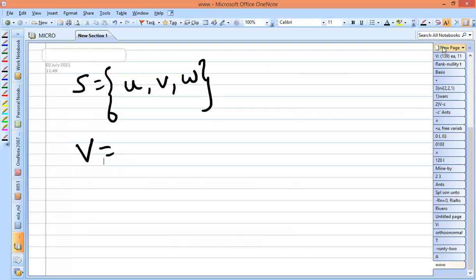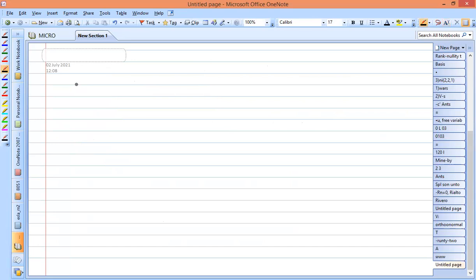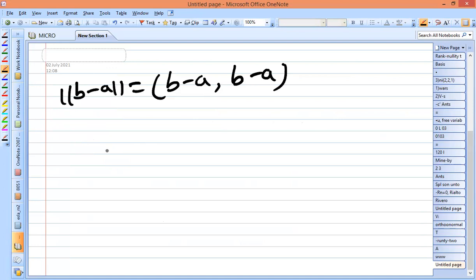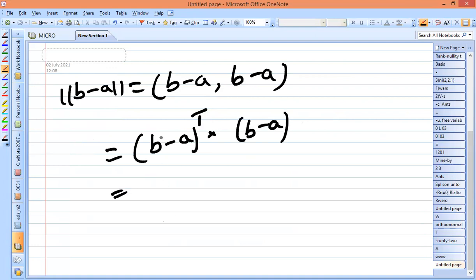So here we have B minus A whole square, which can be written as B minus A comma B minus A, which is nothing but the product of B minus A transpose into B minus A. Now I'm going to multiply each element in the transpose matrix with the elements of B minus A. So here we can write this as B transpose into B. Next we have minus A transpose multiplied with B. Then we have to multiply B transpose with the second element in the B minus A matrix.